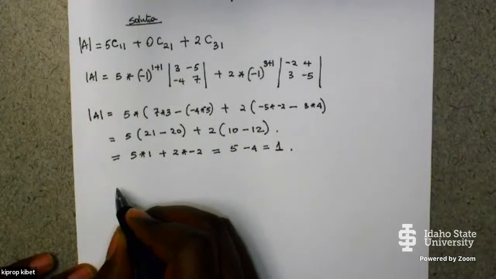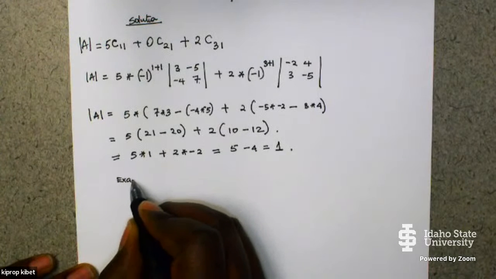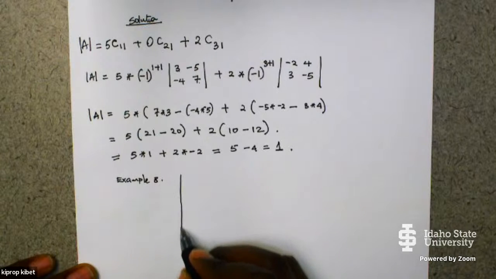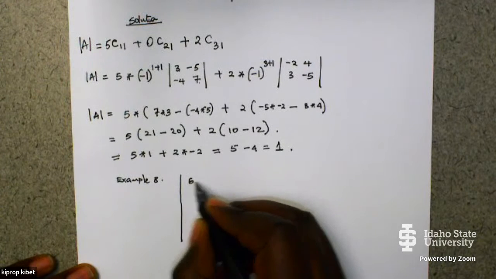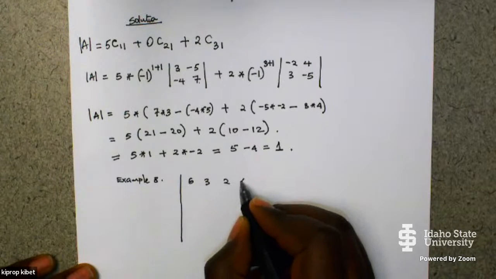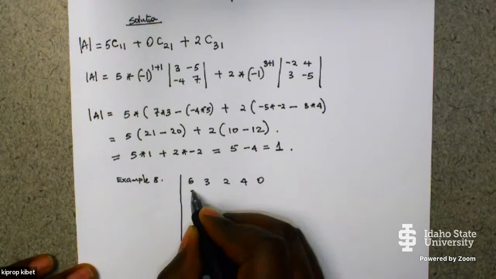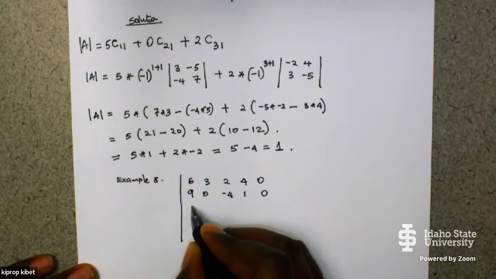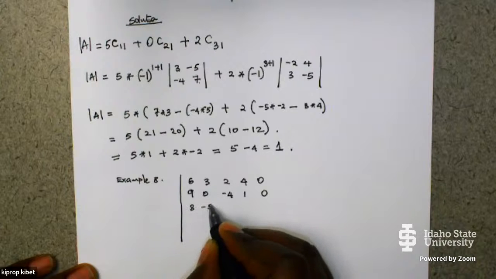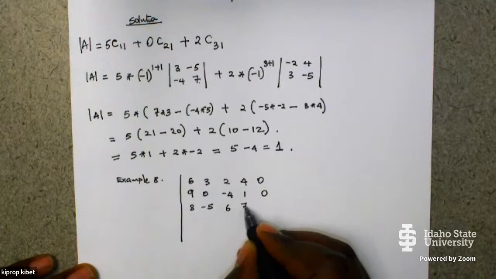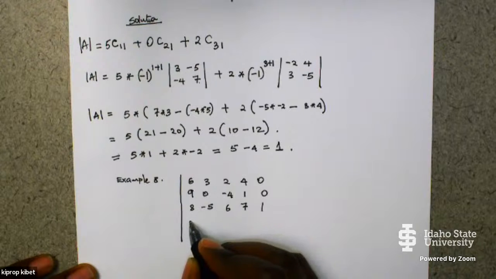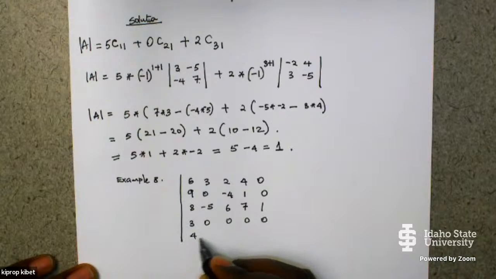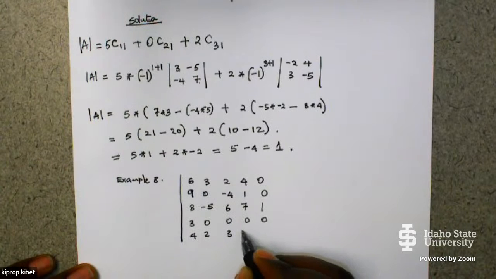Another example, number 8. If we are told to compute the determinant of 6, 3, 2, 4, 0; 9, 0, -4, 1, 0; 8, -5, 6, 7, 1; 3, 0, 0, 0, 0; and 4, 2, 3, 2, 0.